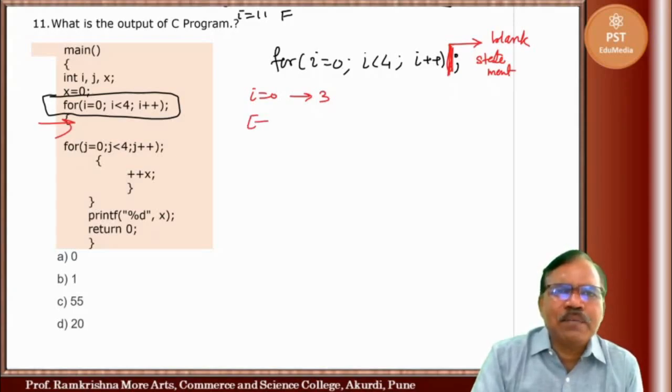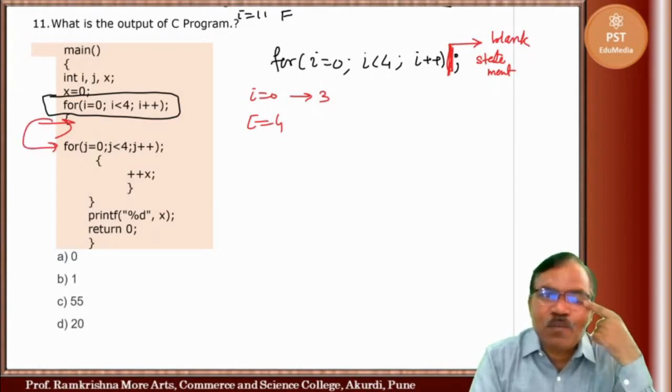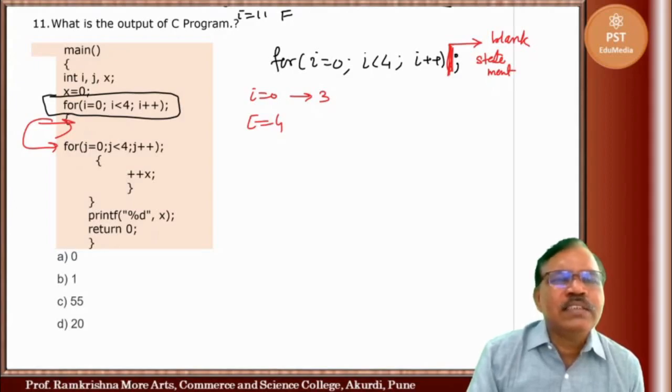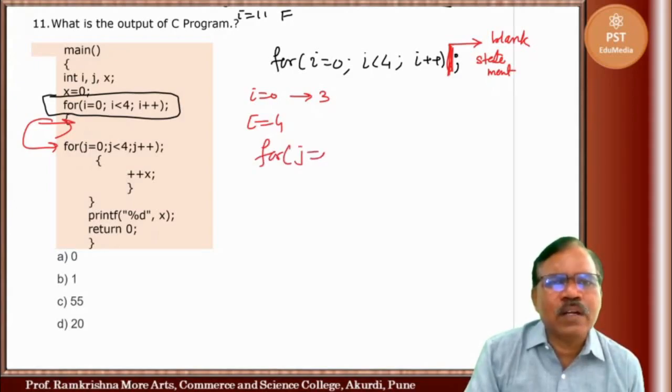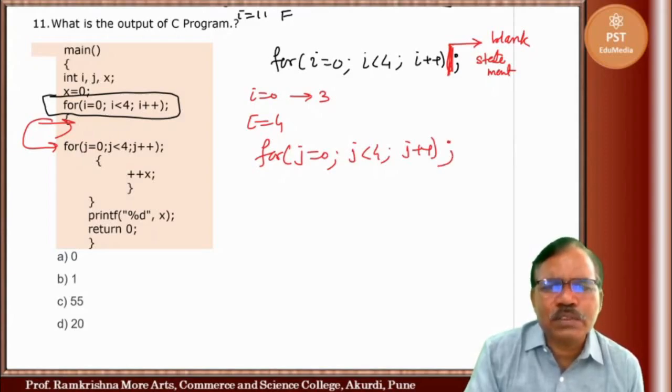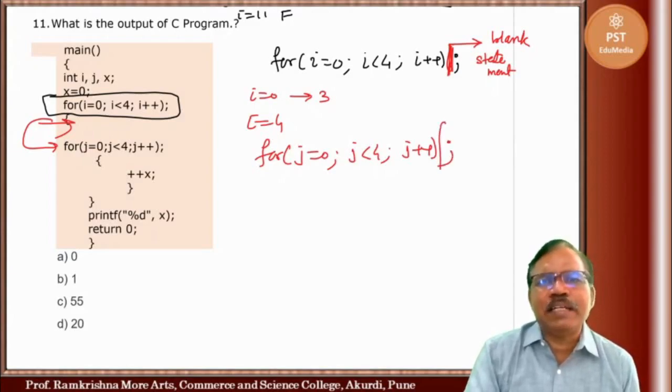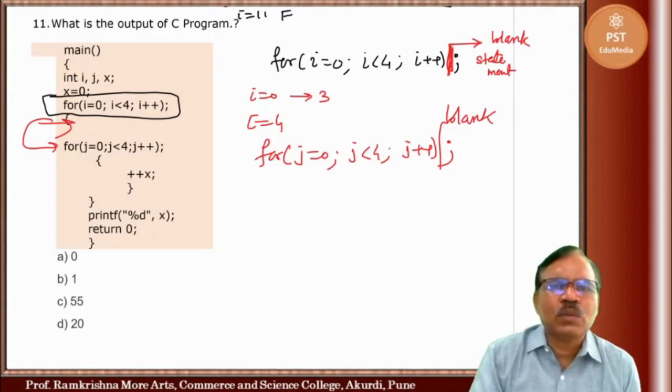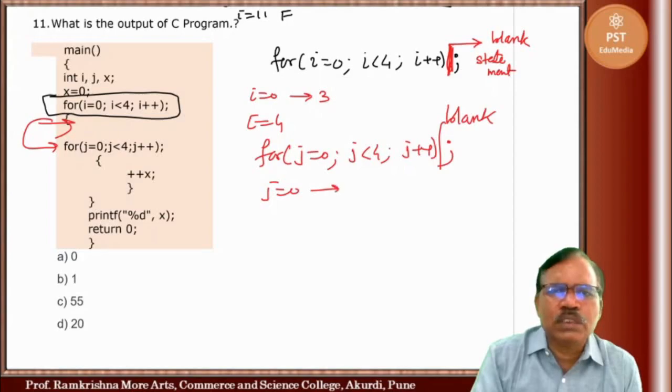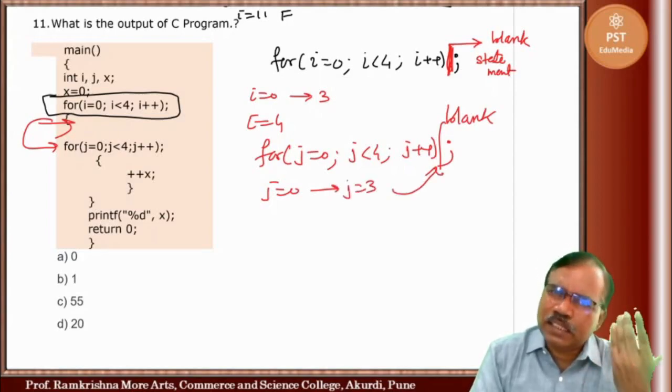When i becomes 4, it will go here, and here we have for j equal to 0, j less than 4, j plus plus. Again we have a semicolon, so a blank statement again. From j equal to 0 to j equal to 3, this blank statement is executed.